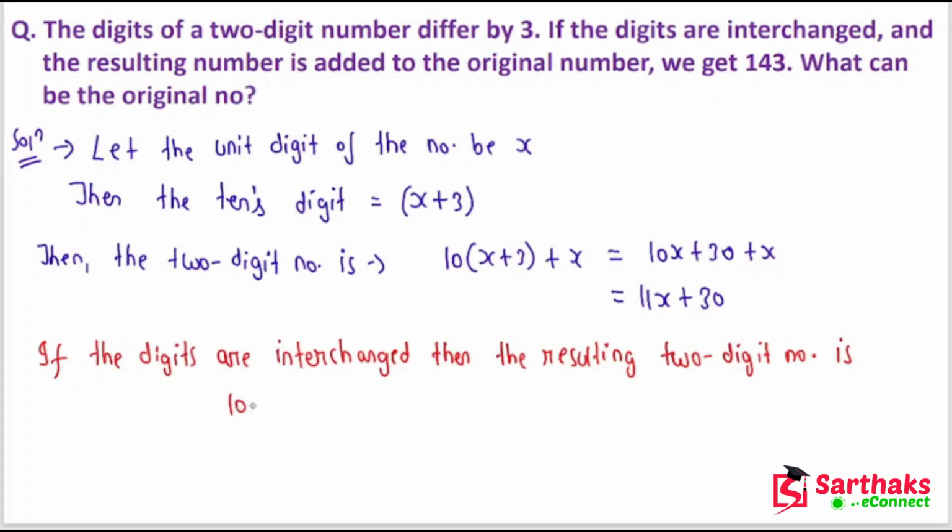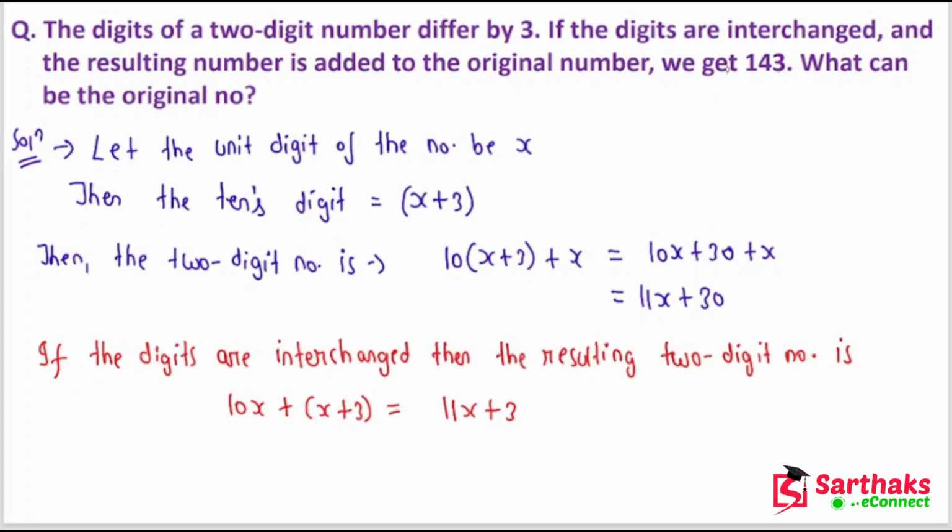Now x is the 10th digit, so it would be 10x, and now the tens digit would be the unit digit, so it would be x plus 3. So we will get 11x plus 3, right? So again, this is the number.